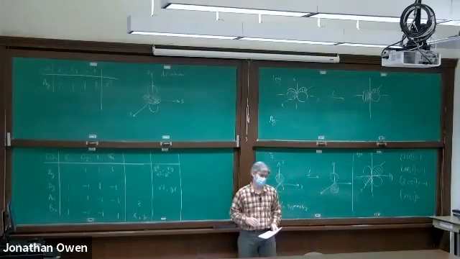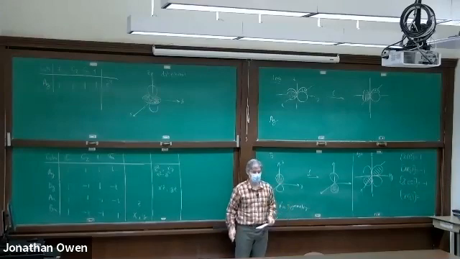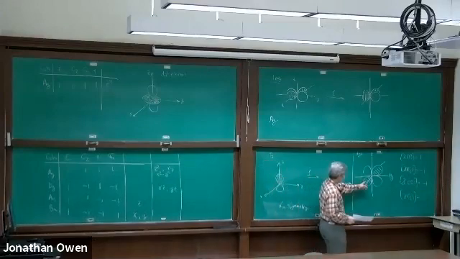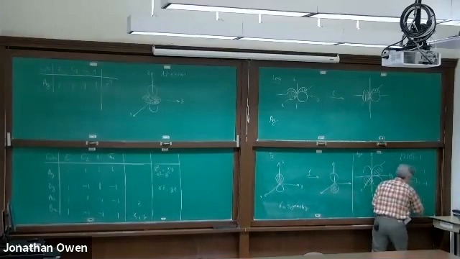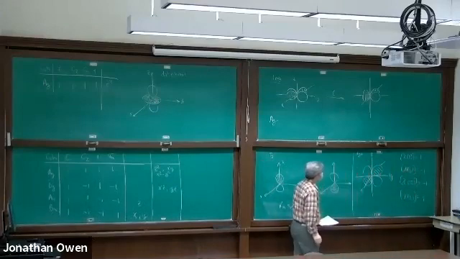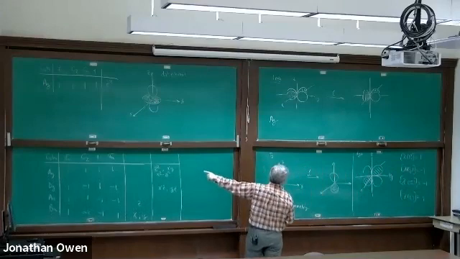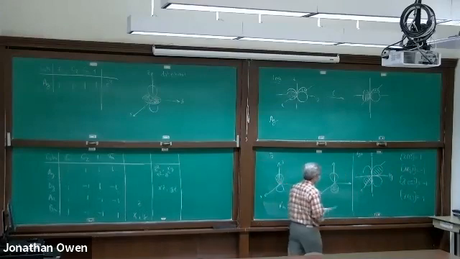That must be true. So it's gerade, therefore it's 1. Or you can say, hey, if I multiply the characters of C2 and sigma h by one another, I'll get +1. Or you could just look at the thing and say, oh, well, plus minus. And where is that? That's Bg.